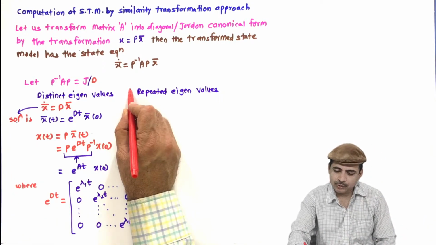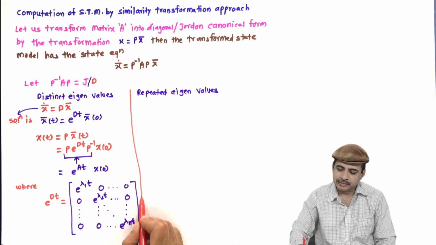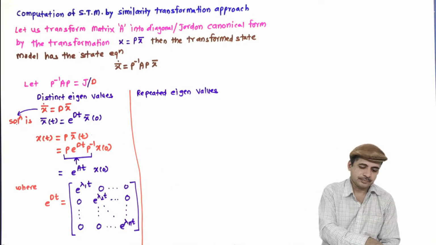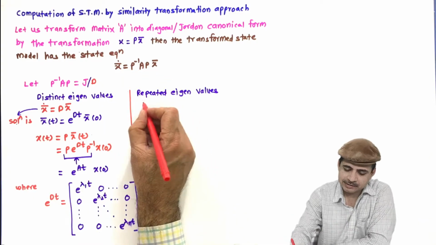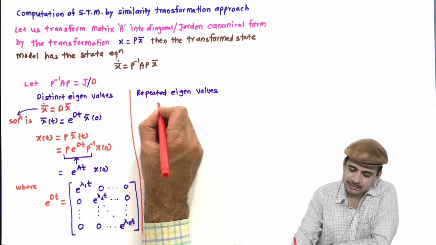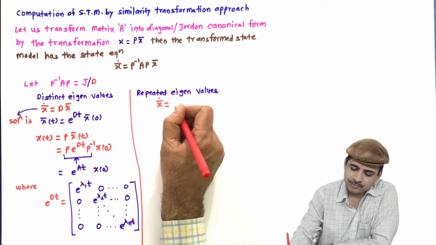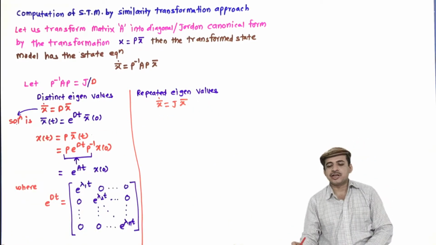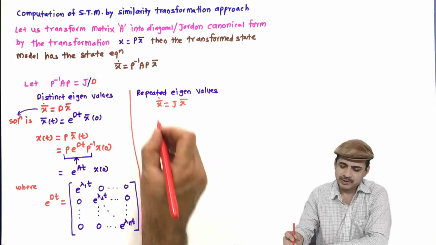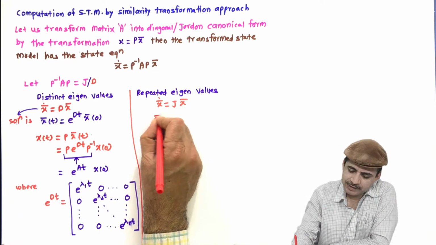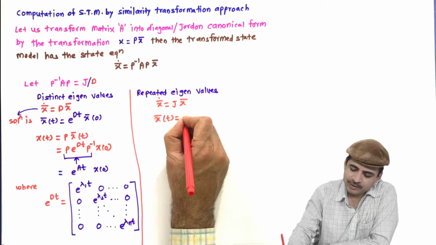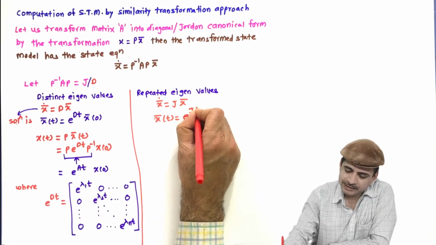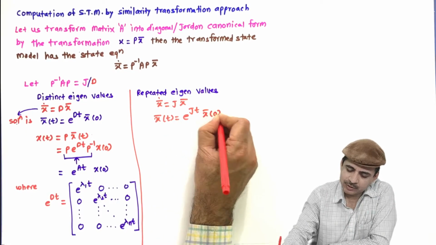Now let us see what happens if the roots are repeated. Then in that case, x bar dot becomes J x bar, where J is the Jordan matrix, that is the same P inverse AP, and the solution will be x bar t equal to e raised to Jt into x bar 0.